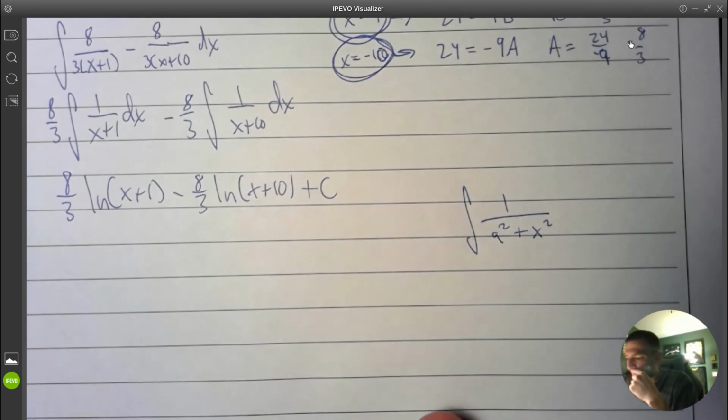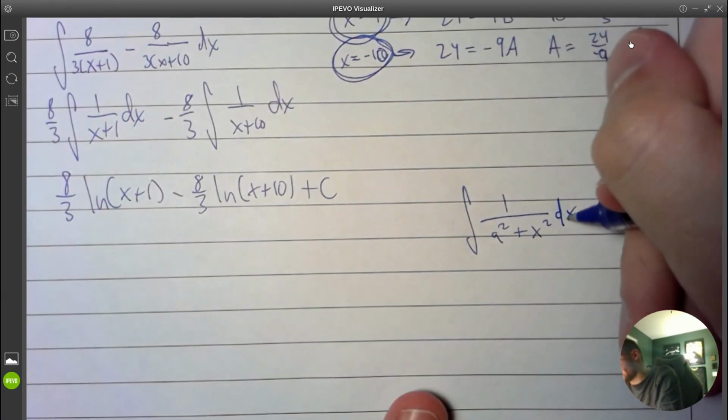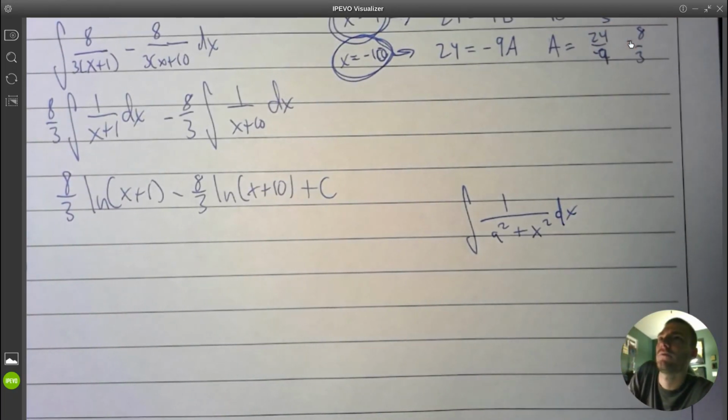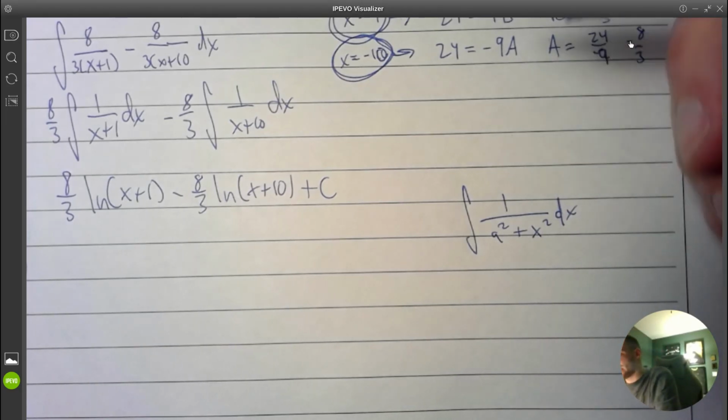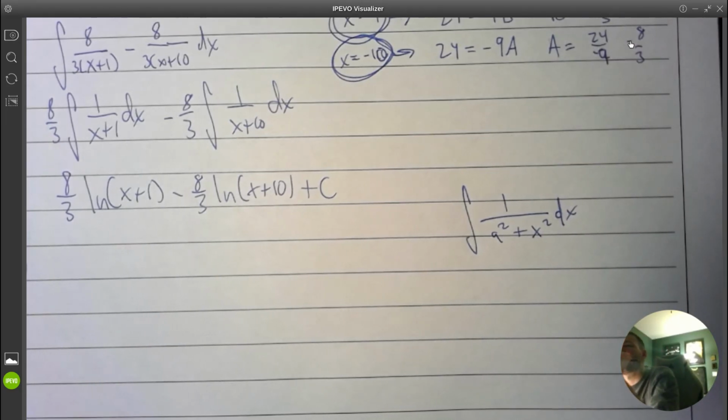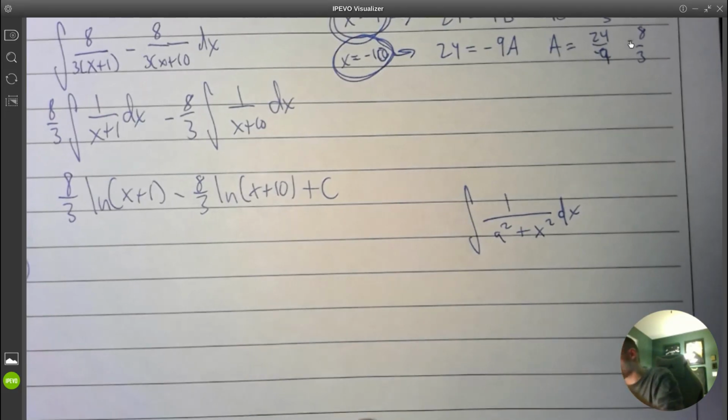Is that right? I don't have my formula booklet with me. Quick, Google. Derivative. I guess it's plus. So it doesn't really matter. Okay.